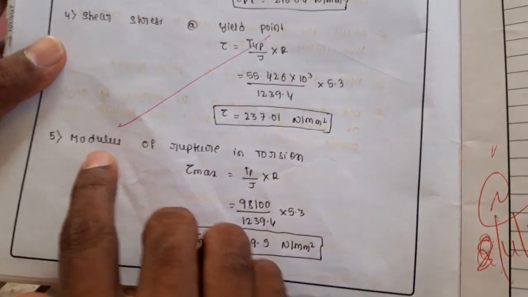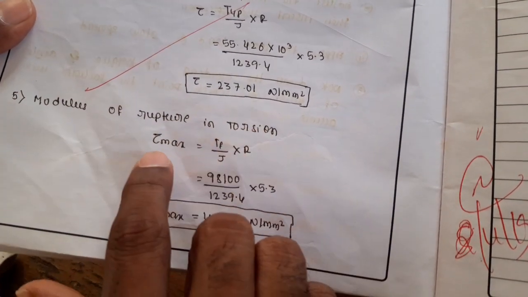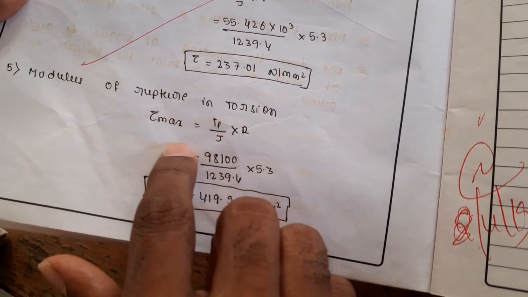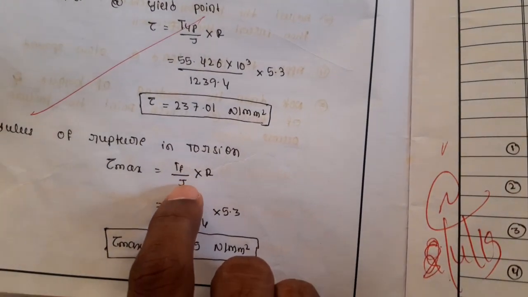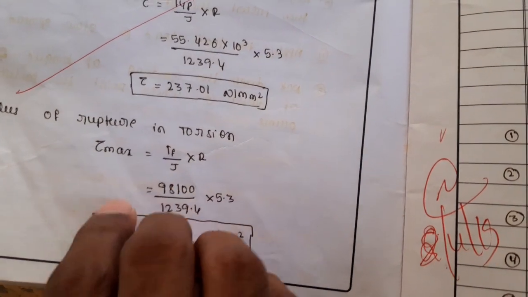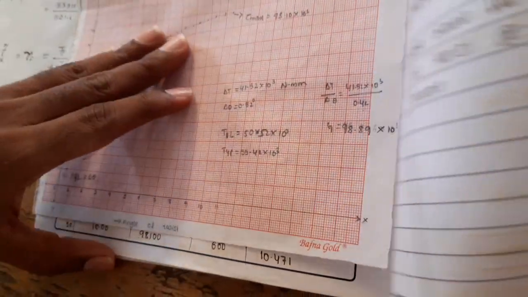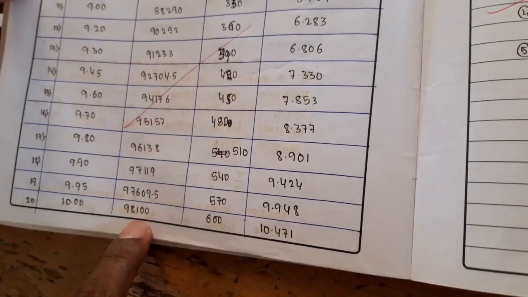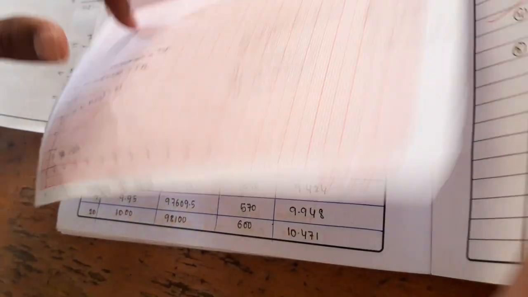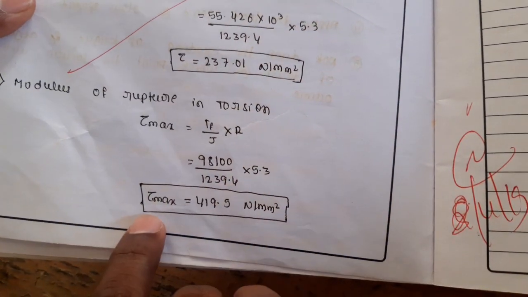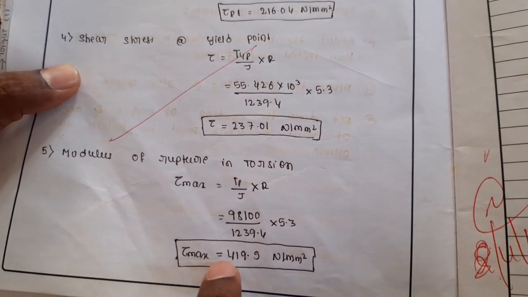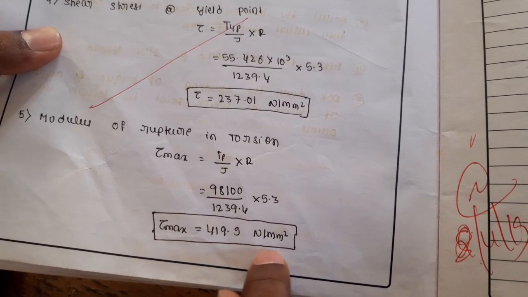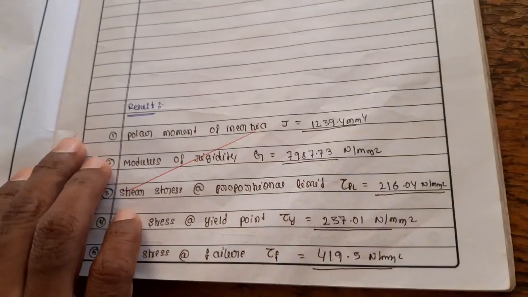And the last one is the modulus of rupture in tension, that is tau r or tau max, which is the failure torque divided by J into R. The failure torque is the final torque that you have to consider and substitute. Finally, you get the modulus of rupture, which is 419.5 Newton per millimeter square. And these are the results that you have to write.